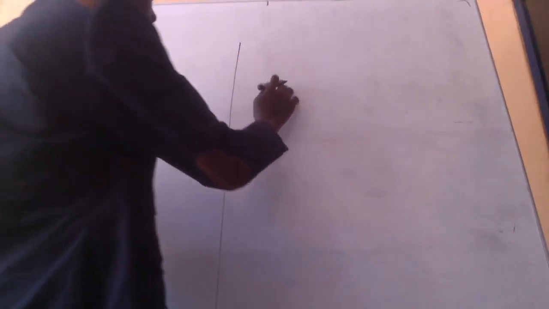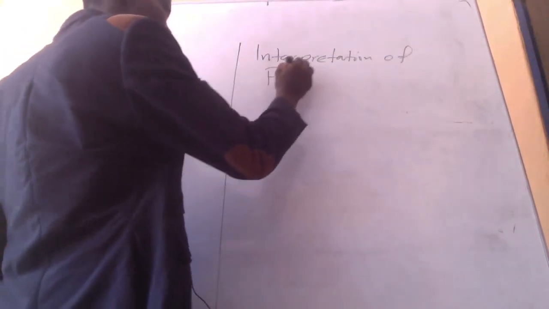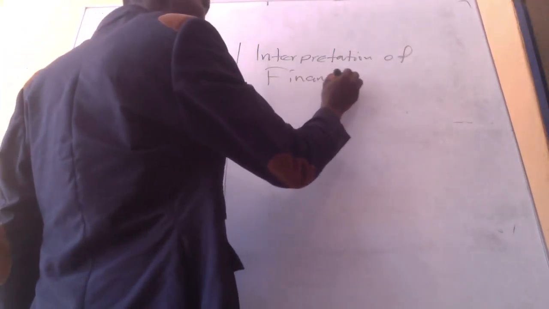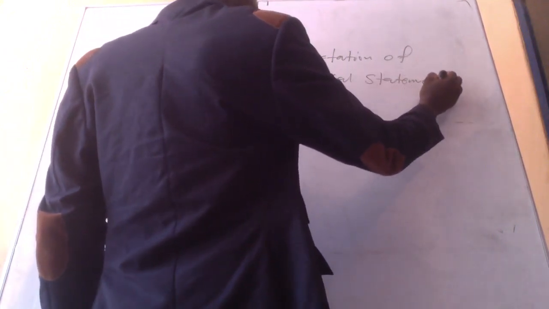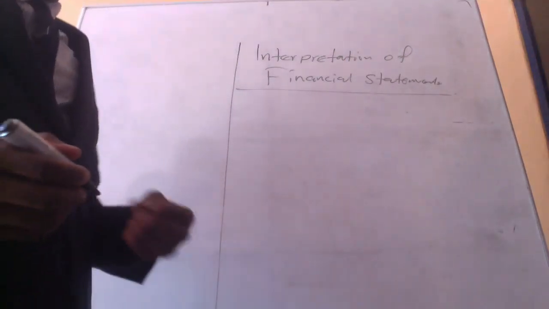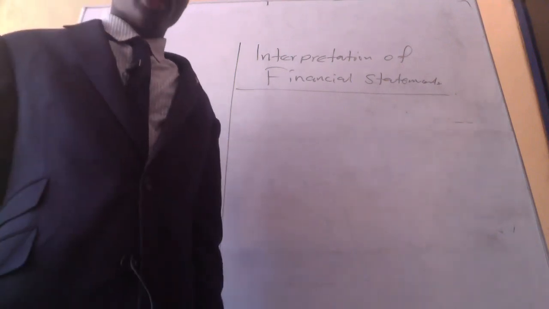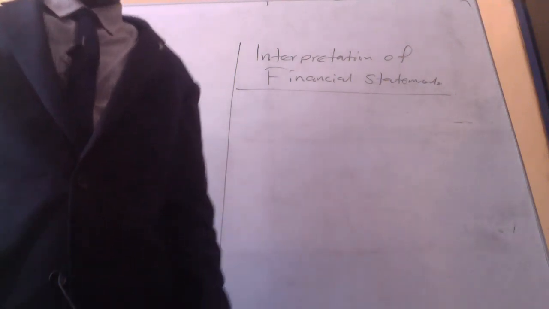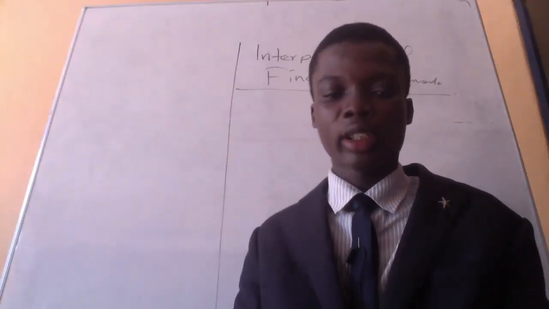So we will have interpretation of financial statements. Good. So basically, when we talk about interpretation of financial statements, we mean that for the financial statement prepared, we have to provide meaning to that financial statement.